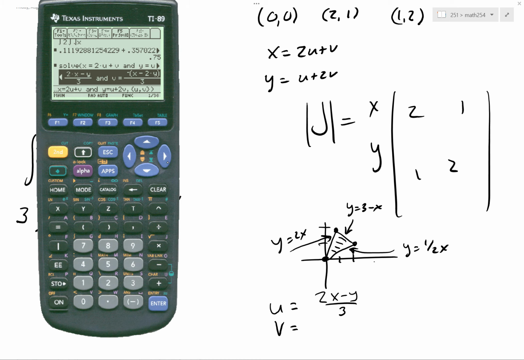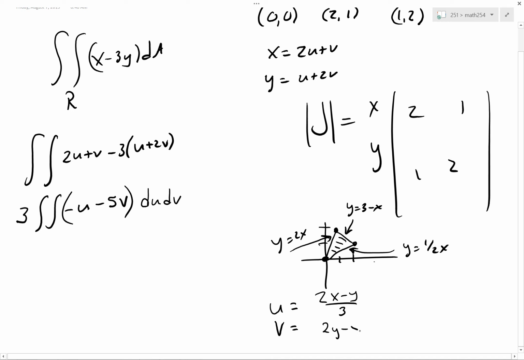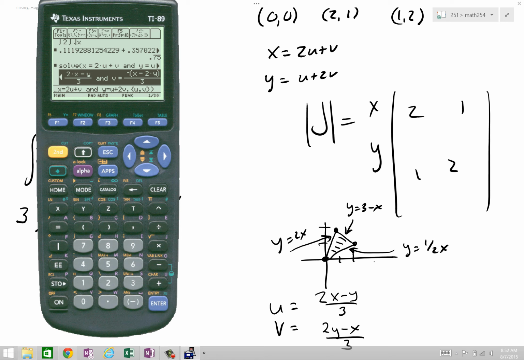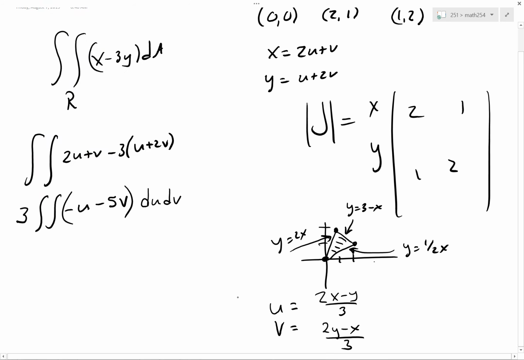And v is, I'm just going to call it 2y minus x, it looks easier to write. 2y minus x, again, I think it was over 3. Yes. Okay, so I've got that region up there.